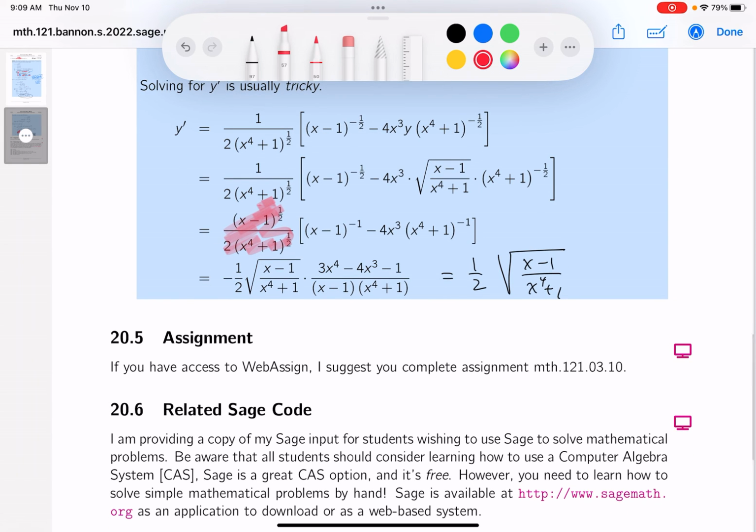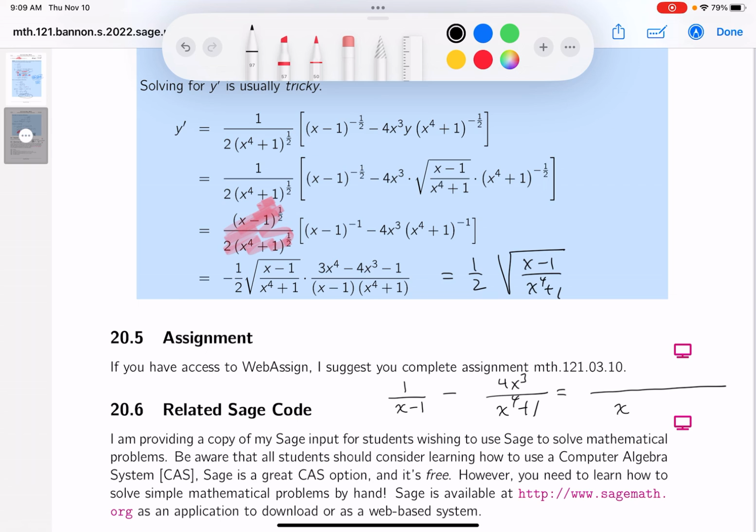Let's write it down. And what do you get? You get 1 over (x - 1) minus 4x^3 over (x^4 + 1). Well, LCD, I'll write this down for you.